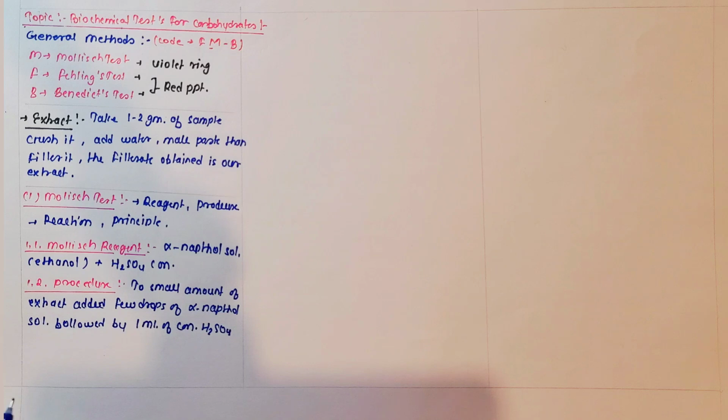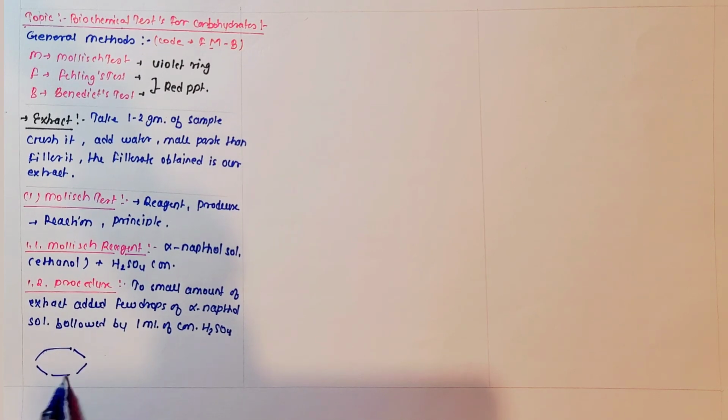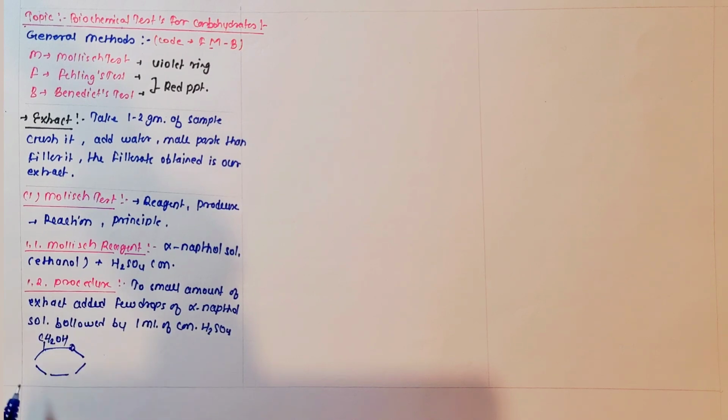So let us take any pentose hexose sugar, cyclic sugar. So here is our cyclic sugar, oxygen will be there, CH2OH, and there will be OH, and OH.